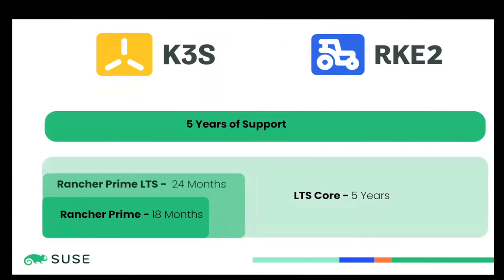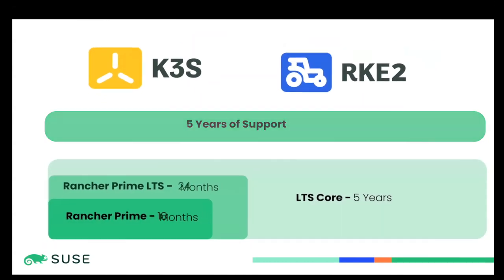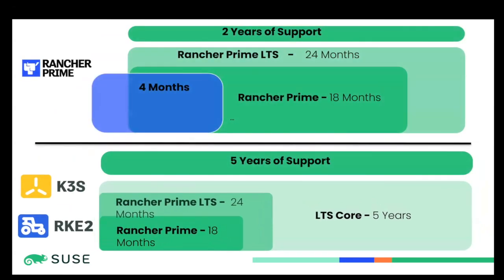Imagine that every month there's a new version of Kubernetes coming up. How many versions do we have to support? So in all, at the top, with Rancher Prime, we have a total of 24 months of support, and at the bottom, up to 5 years.